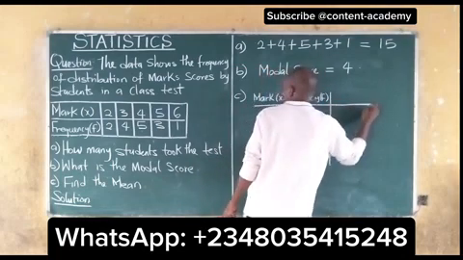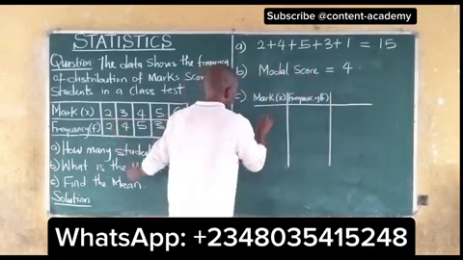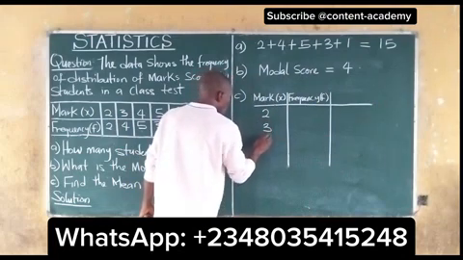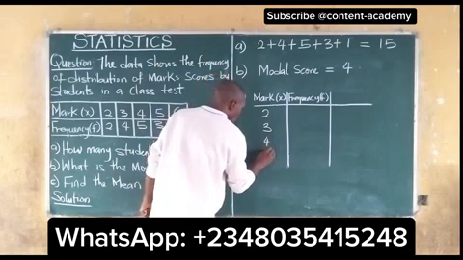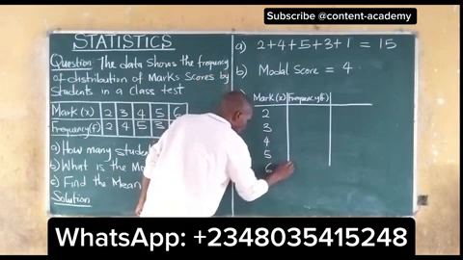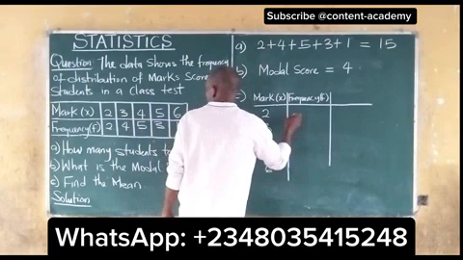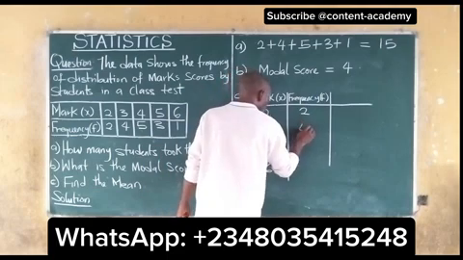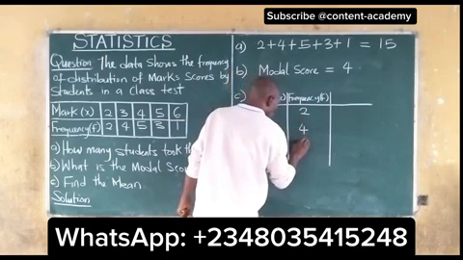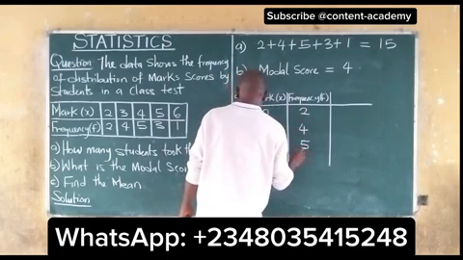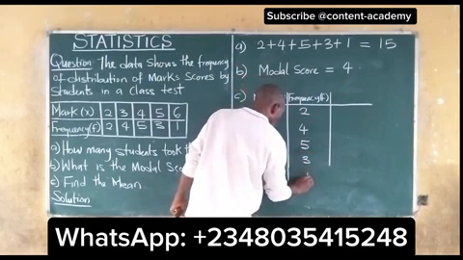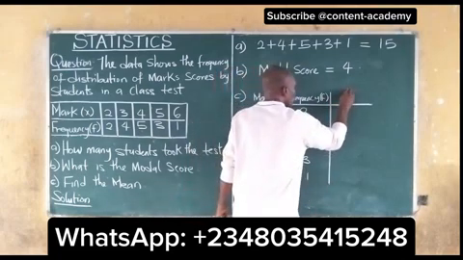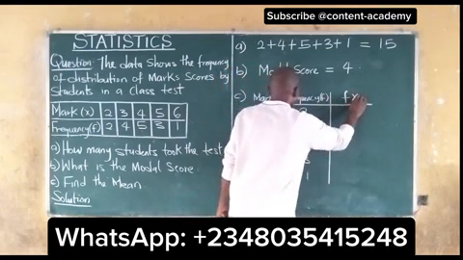We now write it out. We have our mark score to be 2, 3, 4, 5, and 6. Now we have the frequency to be 2, 4, 5, 3, and 1. Now we also have to produce f of x.